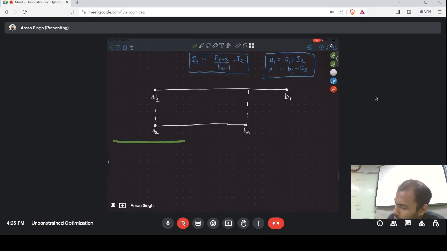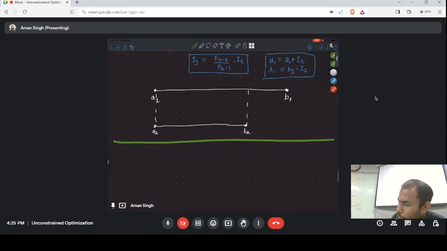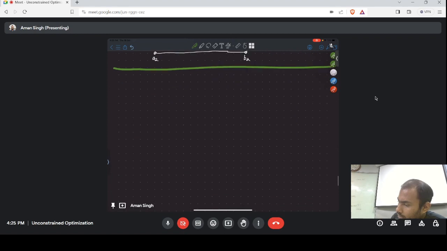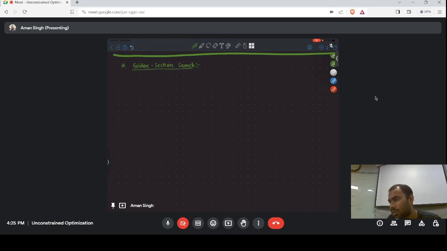Now, to solve this issue, there is one more algorithm called golden section search. Okay, so what is golden section search?